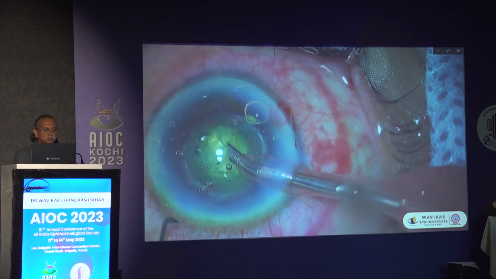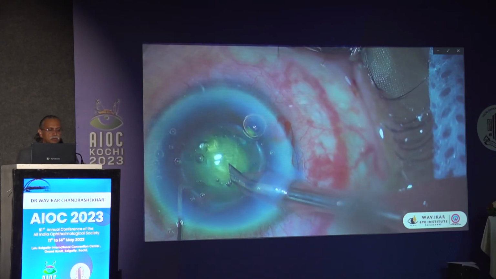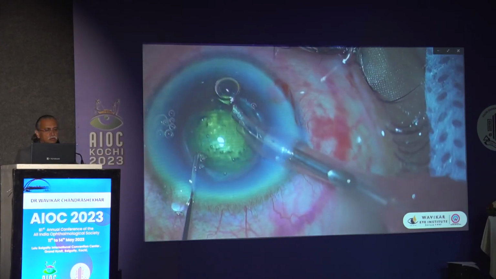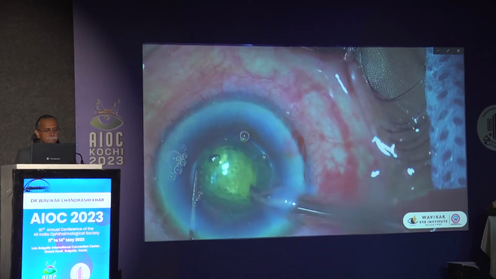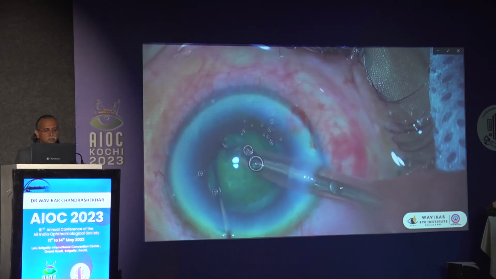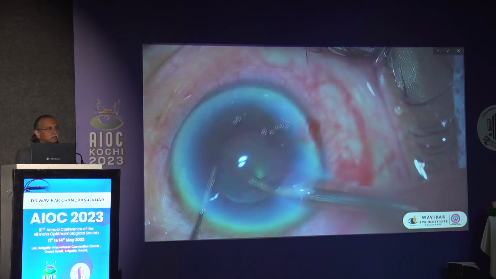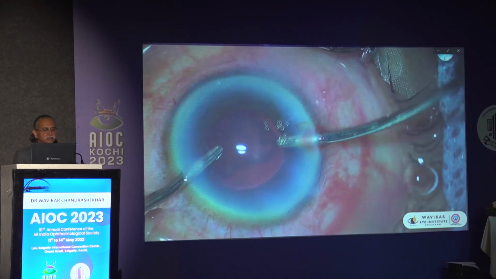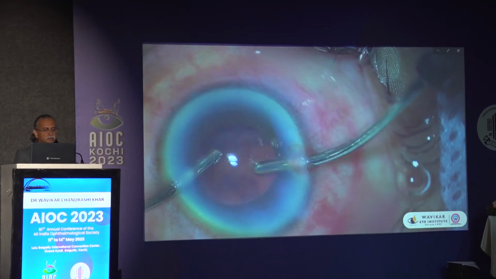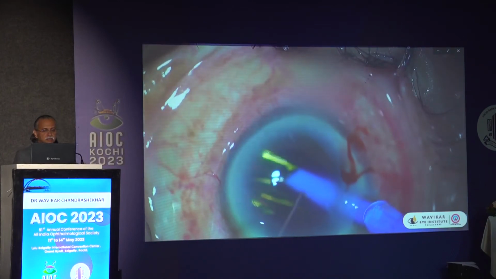Phaco also was very smooth, no doubt of any problem. You can see even in a grade 3-4 cataract, separation of the pieces is very easy. And then cortical wash and then implant.